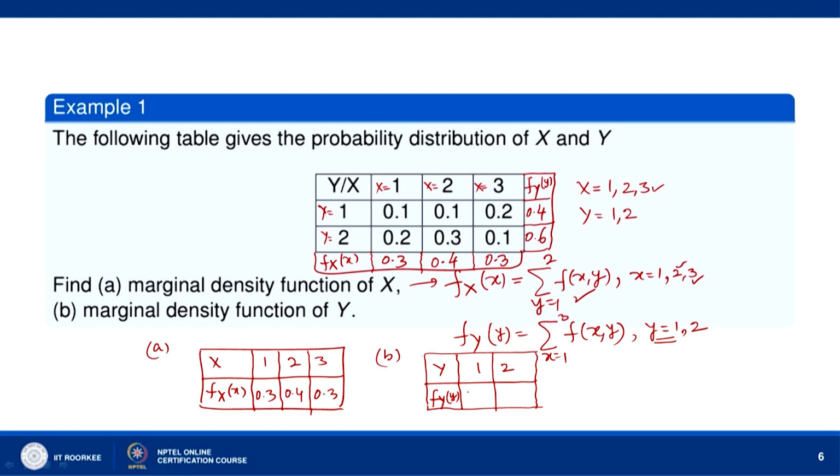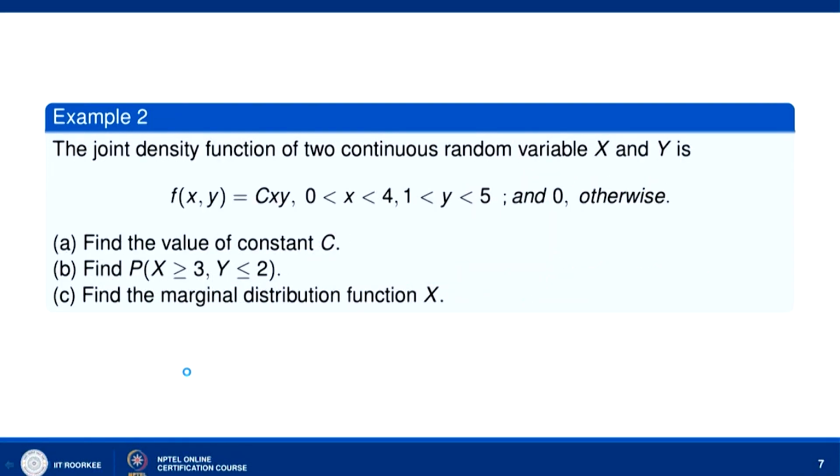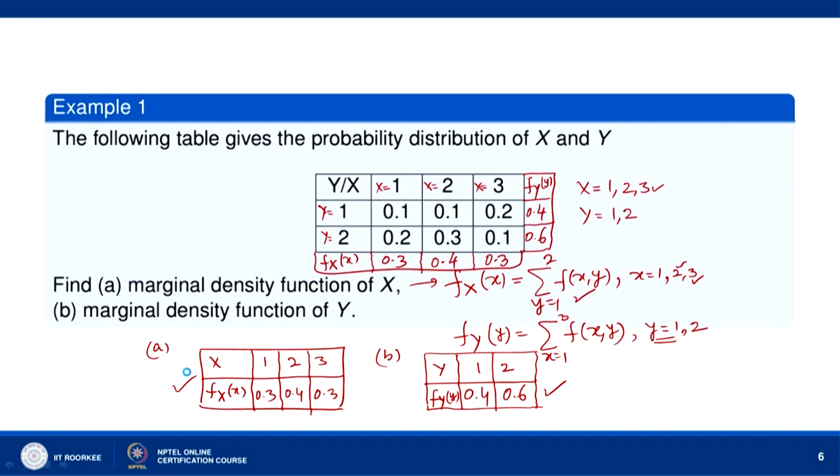So we have 0.4 and 0.6. This is the marginal density function of y, and this is the marginal density function of x.